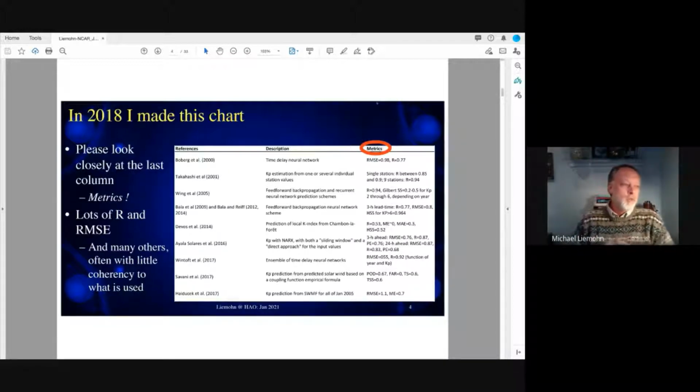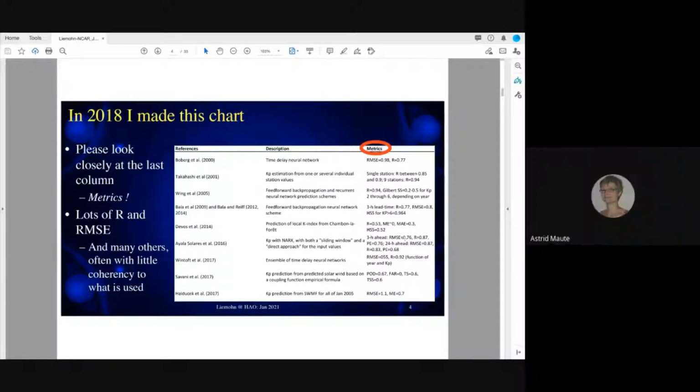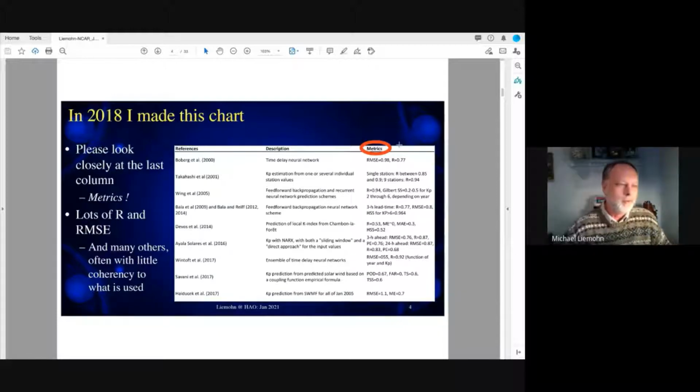This is one of those tables out of it, the smallest of them, because otherwise it wouldn't fit nicely on this page. The last column of this is metrics that were used in these particular papers. What I'd like you to see is that there are actually a lot of different metrics on this. Can you see my cursor moving up and down maybe? Is there any hope of that? No? Yes. Yes, all right, good.